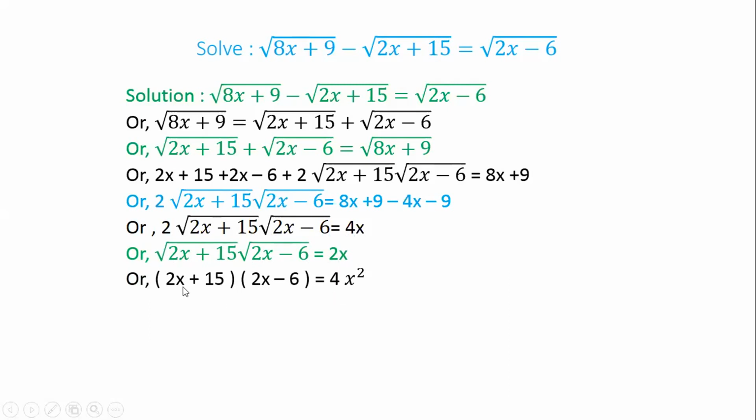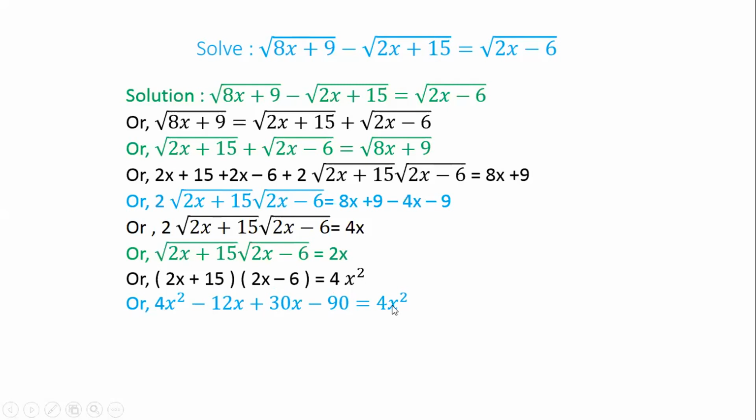If we multiply these two terms, then we get 4x square minus 12x plus 30x minus 90, because 2x into 2x equals 4x square, 2x into minus 6 equals minus 12x, 15 into 2x means 30x, and 15 into minus 6 equals minus 90.